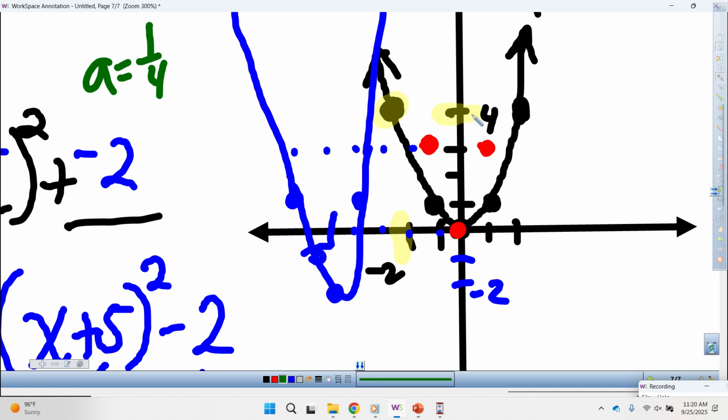Is that correct? So my new point is negative 2, but instead of being 4, we'll just multiply it. What is 1/4 times 4? We got 4 over 4, which is 1. So negative 2 goes to what? 1, right there.